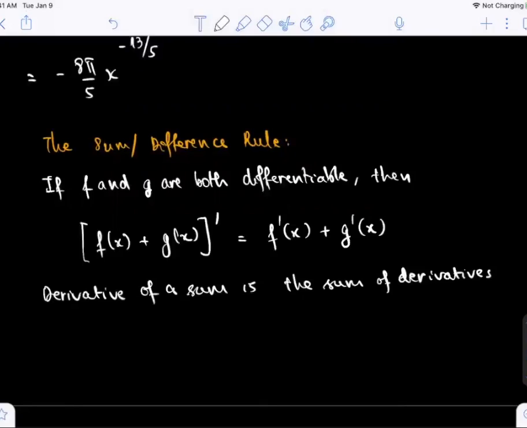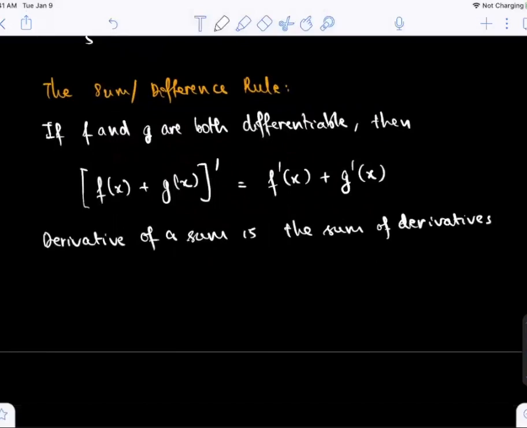You can certainly do the same thing for the case of a difference. The derivative of a difference is the difference of the derivatives.